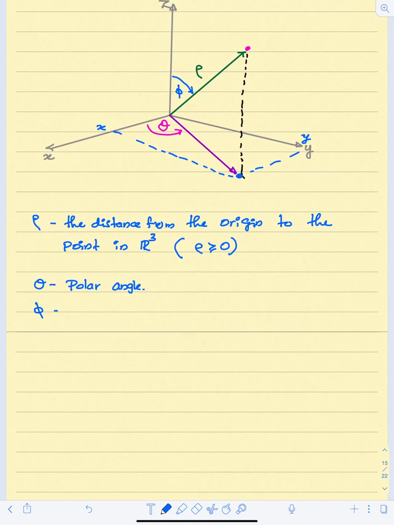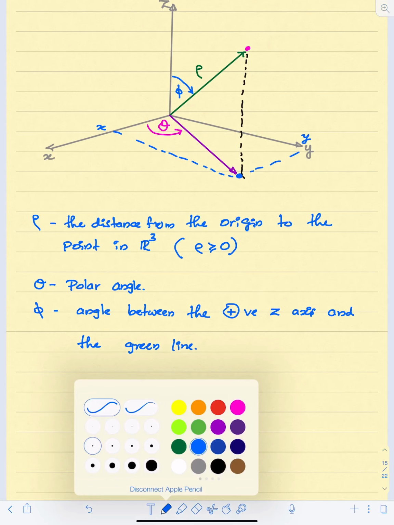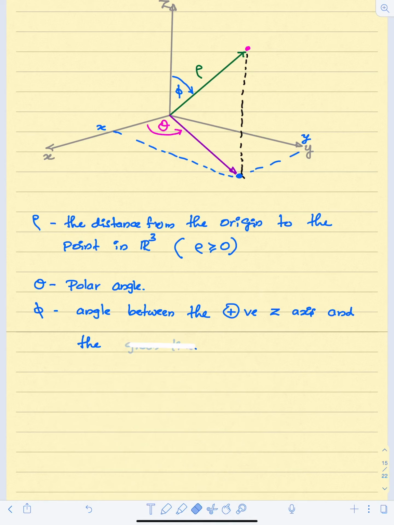Angle phi is the angle between the positive z-axis and the green line. The green line.